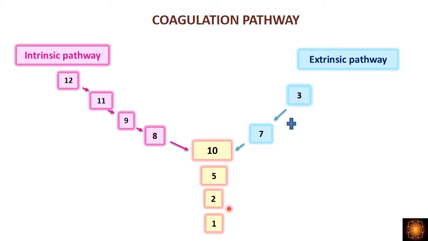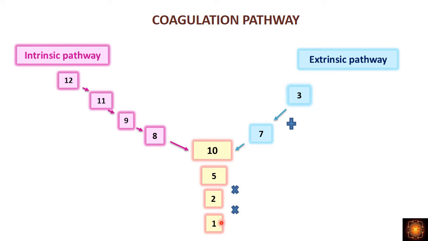So from here, what is the common pathway? Factor 10, along with factor 5A, will convert prothrombin into thrombin, that is factor 2. How to remember: 5 into 2 is 10. This is also in descending order, and here the multiplication will give you 10. 5 twos is 10, and this thrombin will convert and form fibrinogen.